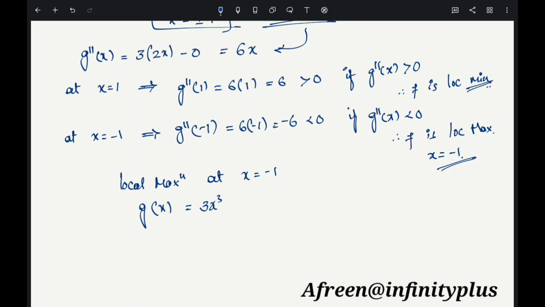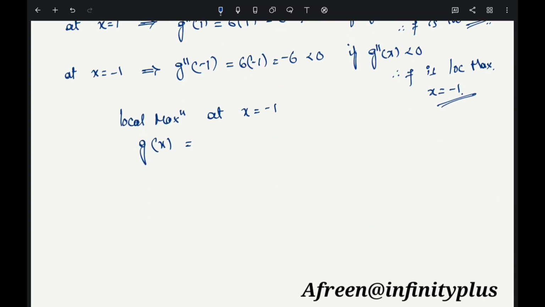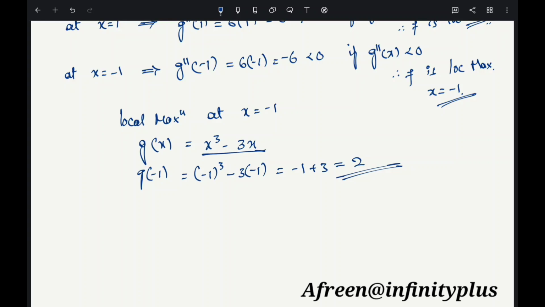We'll be having g of x as x cube minus 3x. So g of minus 1 will become minus 1 whole cube minus 3 into minus 1 which is minus 1 plus 3 which is equal to 2. So 2 is the local maximum value of the function which they have given, x cube minus 3x, at a point x is equal to minus 1.